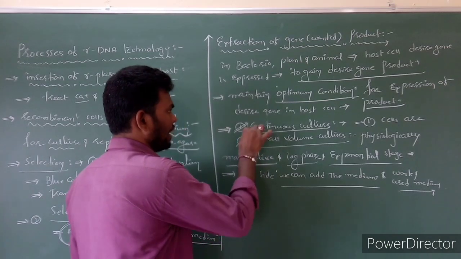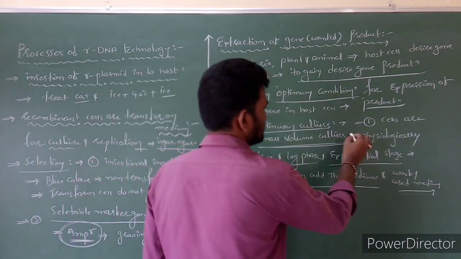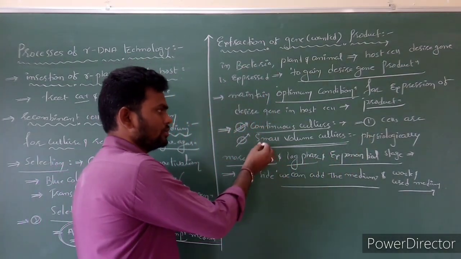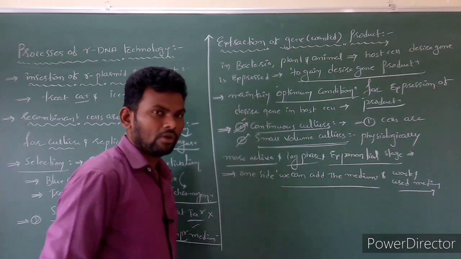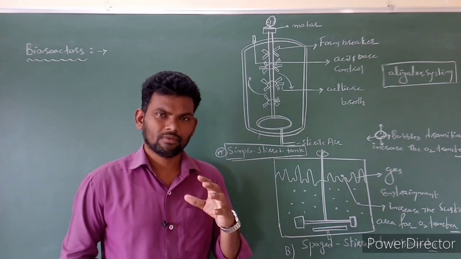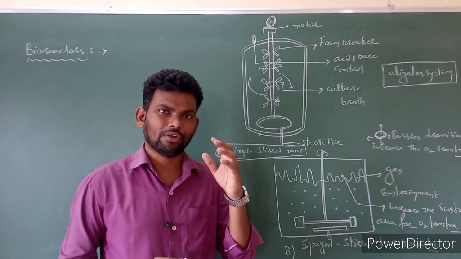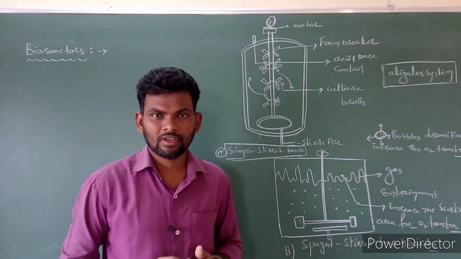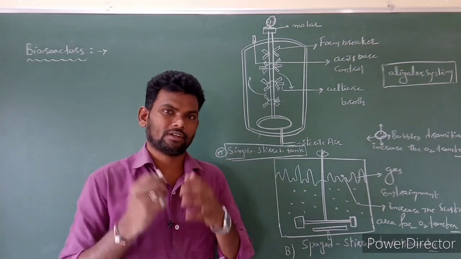Next one is small volume culture. Here these cultures generally give only a small quantity, so that's why this is not used for culture purposes. Mostly it is used for gaining a large amount of gene product. The biotechnologists have prepared vessels, nothing but bioreactors. Here in the bioreactor the raw material gets converted into a product.